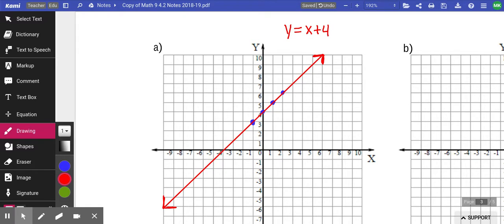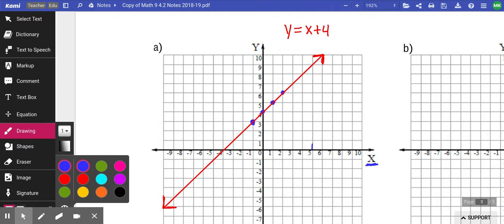Which means if I said, hey, what does an input value of 5 give you? Instead of having to go and mathematically do it like we just did, you could look at your graph. You could say, where on this graph do I have an input value, an x value of 5?